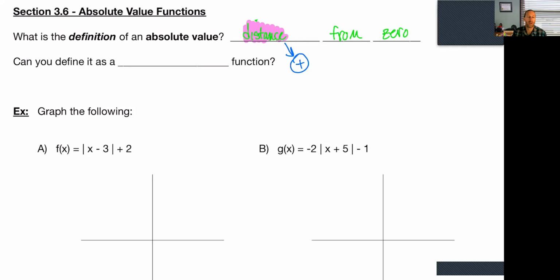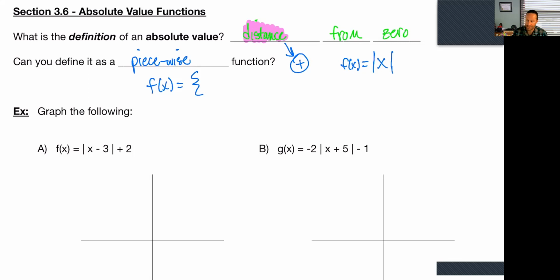Okay? Now we can also define it as what is called a piecewise function. The absolute value as a piecewise function, we know would then have several different things. If we put something into the absolute value, this is our function we're talking about, trying to rewrite it.